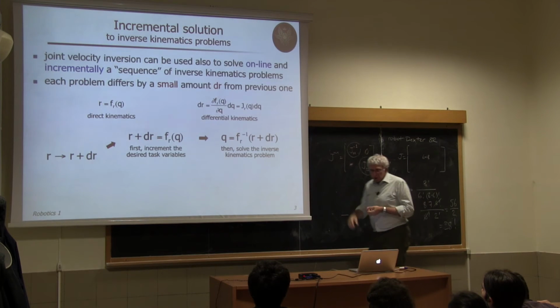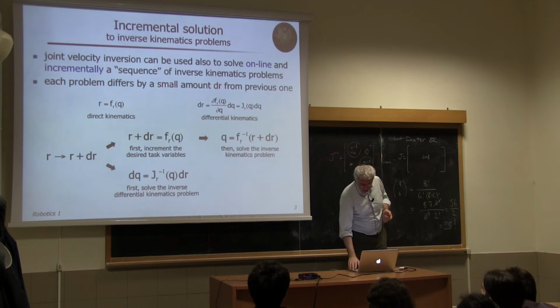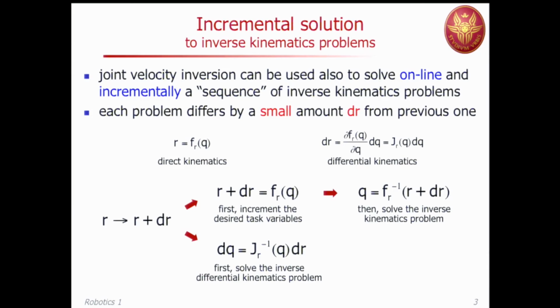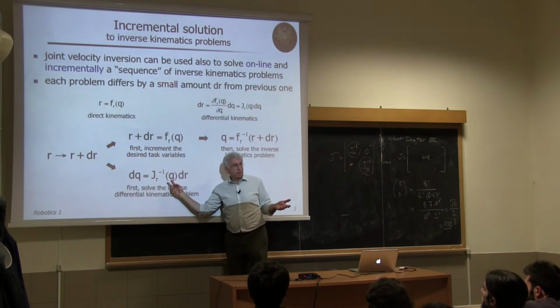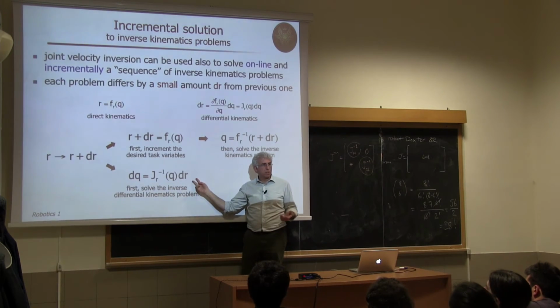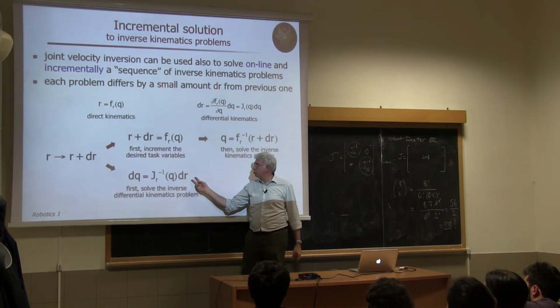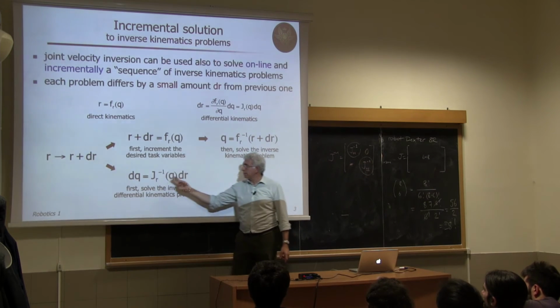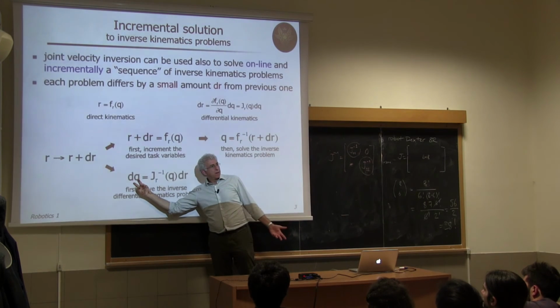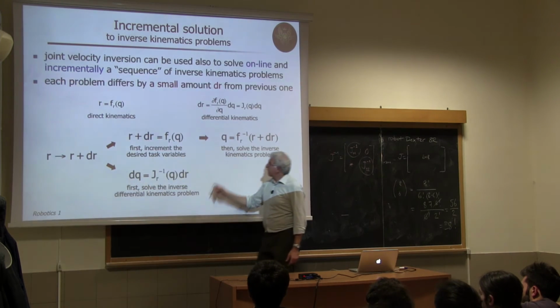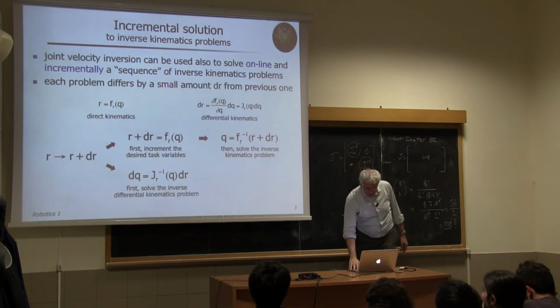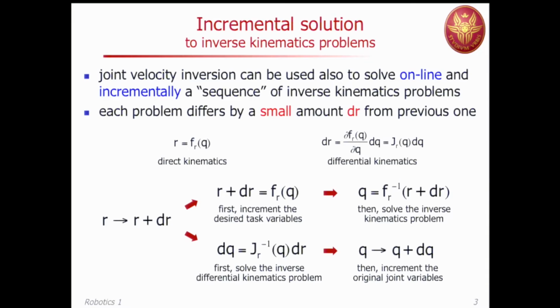Now, how do we use the Jacobian in this context? Well, you revert the passages. You take the increment, dr, and you invert this by inverting the Jacobian. Just like velocity, you do this on differential motion in the Cartesian space. And you find a variation, dq, of your q. And then you add this variation to the previous solution.